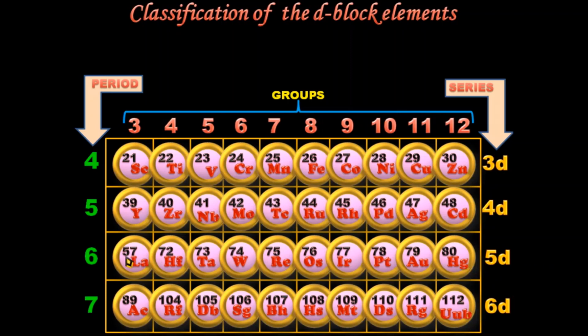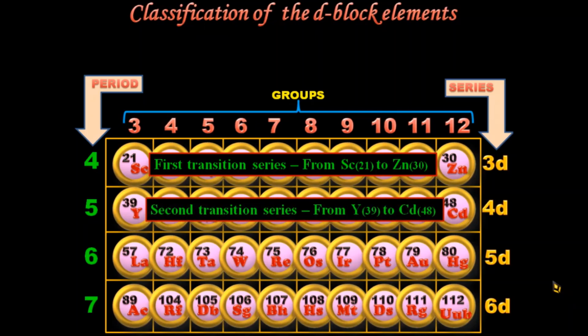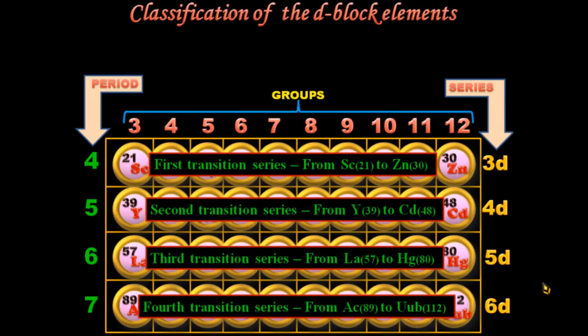The electron of the third transition series enters the last but one, the d orbital of the fifth shell, so it is called the 5d series. Similarly, the last one is called the 6d series. First, second, third and fourth transition series.